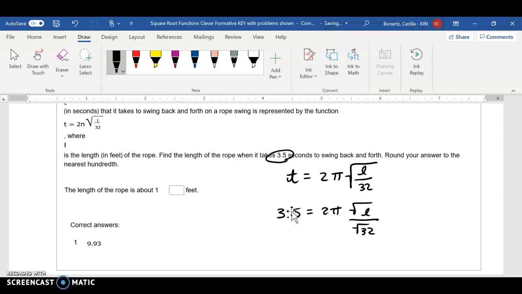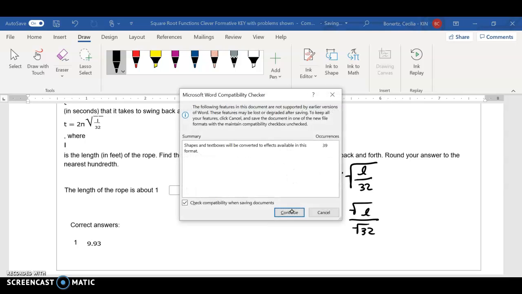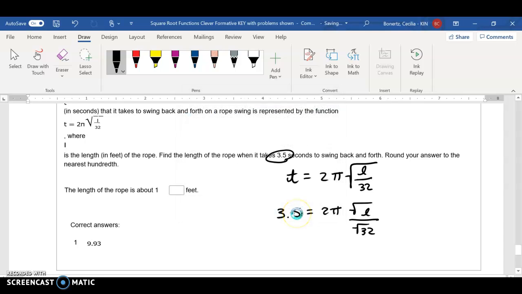So I could square everything now to get rid of those square root symbols, or I could simplify it a little bit first. I'm going to go ahead and simplify it a little bit first because I don't like this denominator, so I'm going to have 3.5 times the square root of 32 equals 2 pi times the square root of L, and then I'm going to square everything.